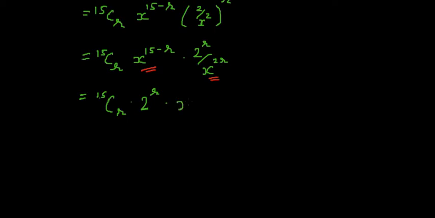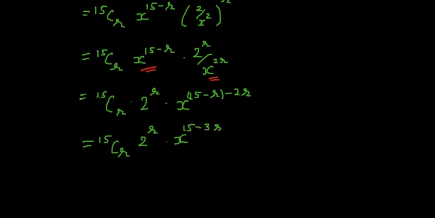By laws of indices, x will have the power 15 minus r, that is the numerator power, minus the denominator's power, that is 2r. So 15Cr 2 raised to r, and x raised to 15 minus r minus 2r, which is 15 minus 3r.